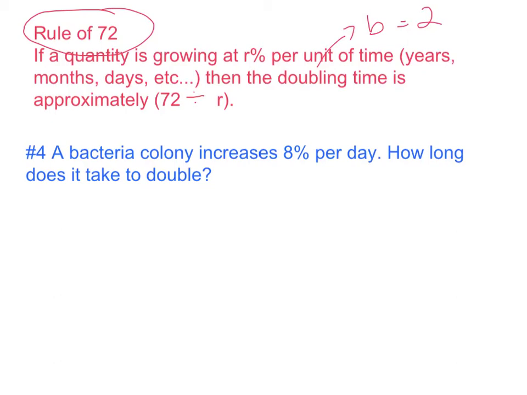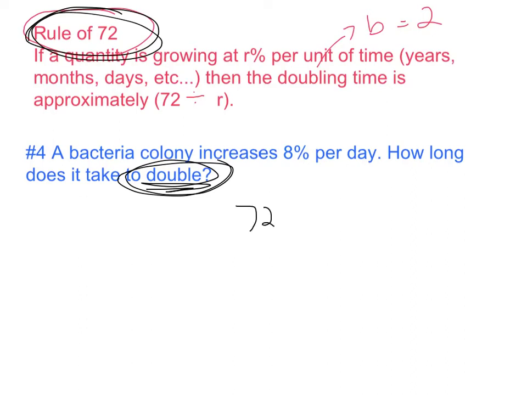Check out this example. A bacteria colony increases 8% per day. How long does it take the bacteria colony to double if it increases at 8% per day? Well, you take the rule of 72, since we're interested in doubling, that's the only time this applies, not tripling, quadrupling, anything. You take 72 divided by the percent, which is 8, which is 9.